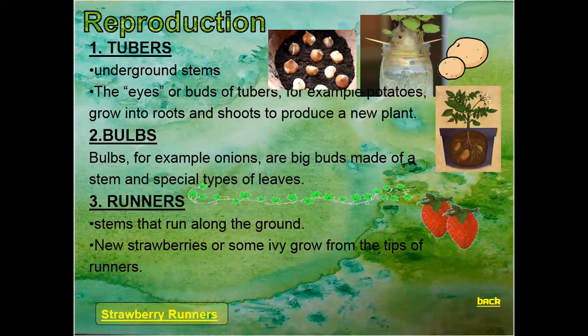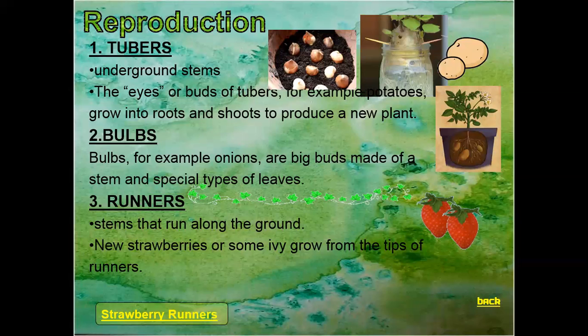A tuber is a strong part of a plant, a storage part of a plant. Potatoes are tubers.